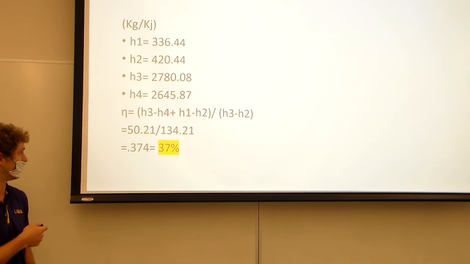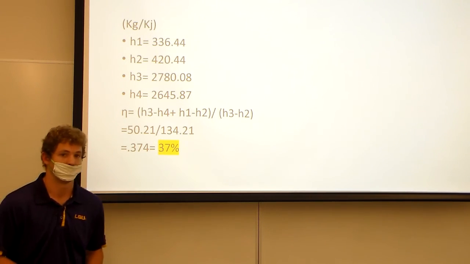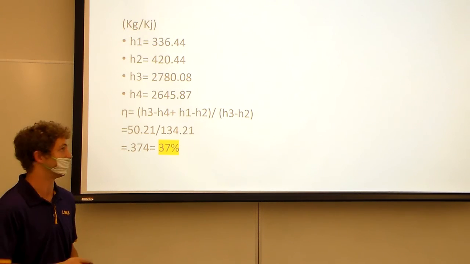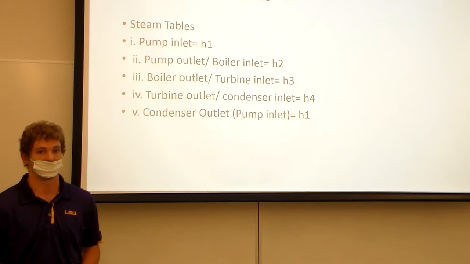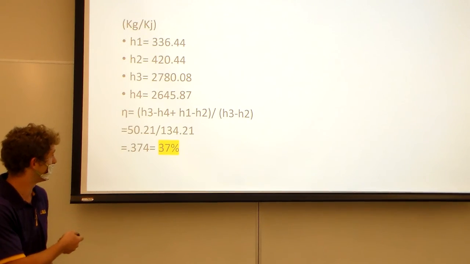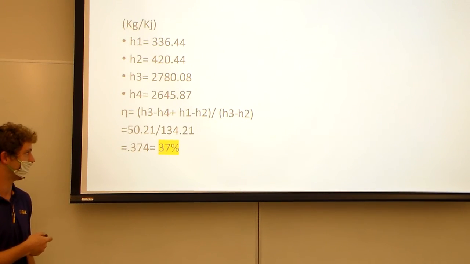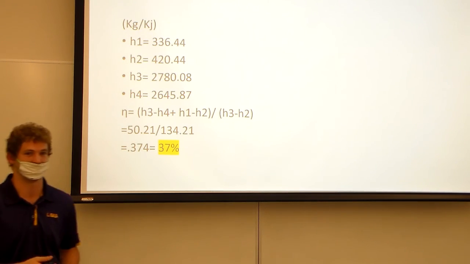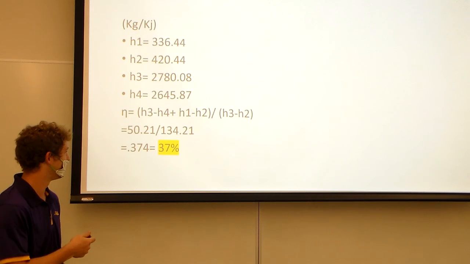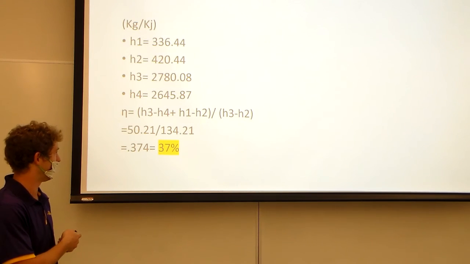Putting them through the formula, we can get 37%. These are just arbitrary values that I found, but it made it kind of realistic. I don't remember what you guys got. My guess is that it's probably not this high, but it'd be nice if it was. That's an experimental value.